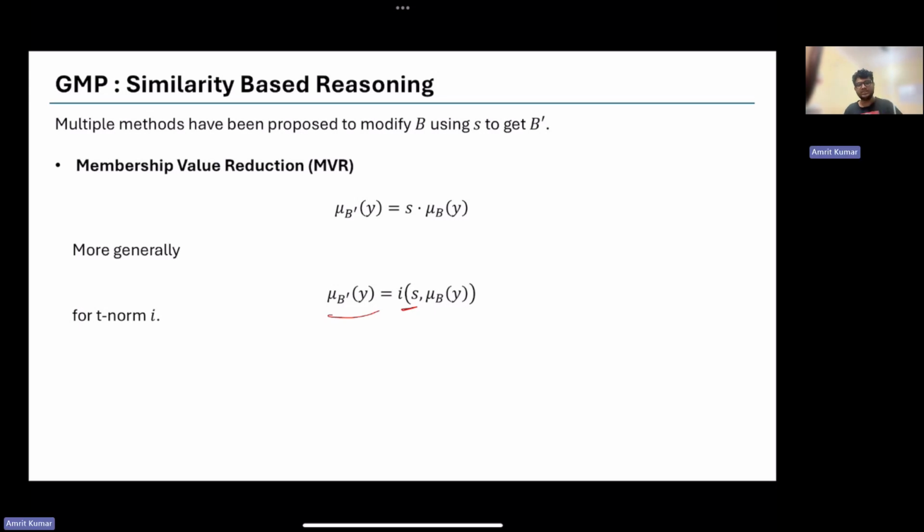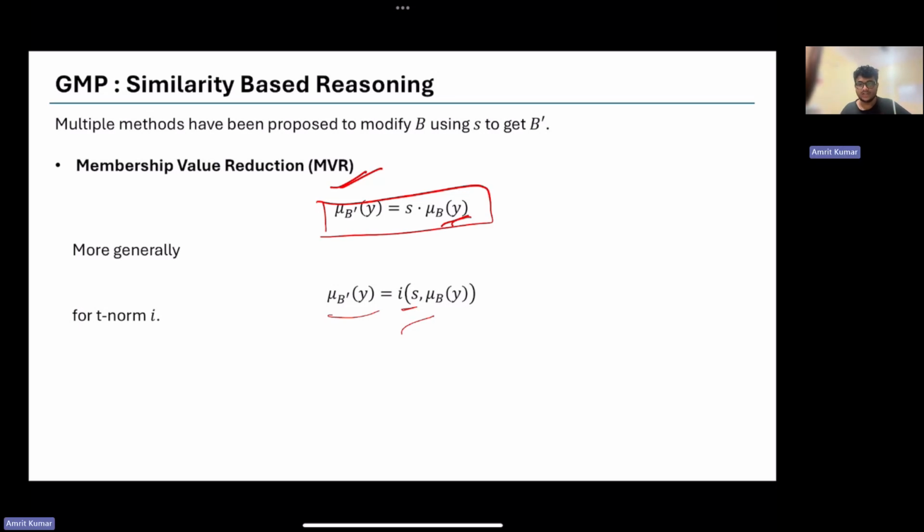So this is the first way of obtaining the output fuzzy set B dash in similarity based reasoning. You first compute the similarity value S, and then you modify your consequent fuzzy set B in this manner, or using an arbitrary T norm I. So generally, when the term MVR is used, we are referring to this particular formula.